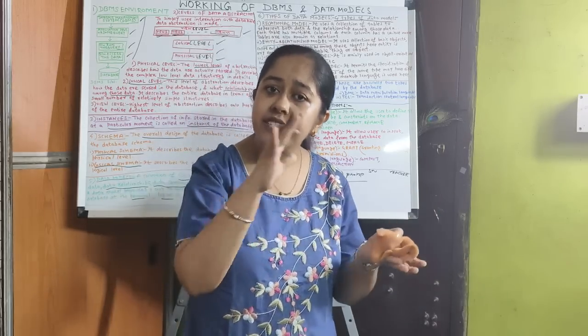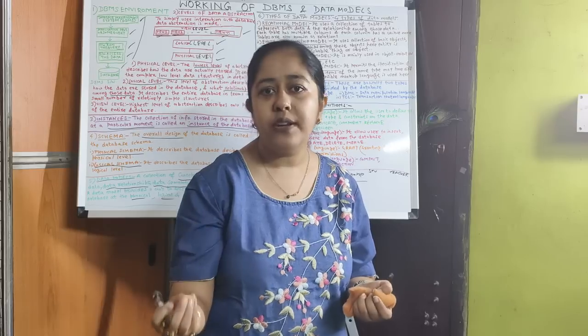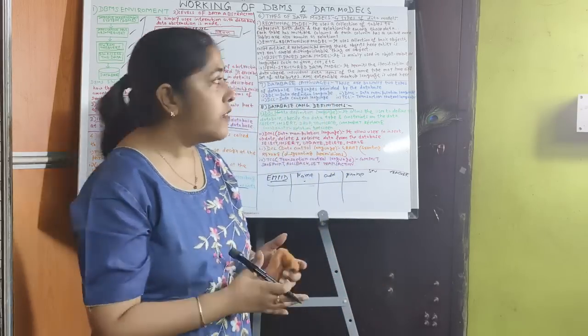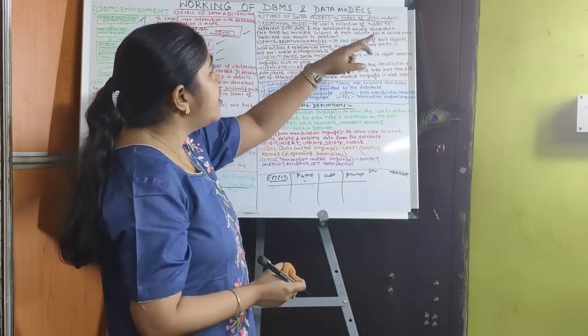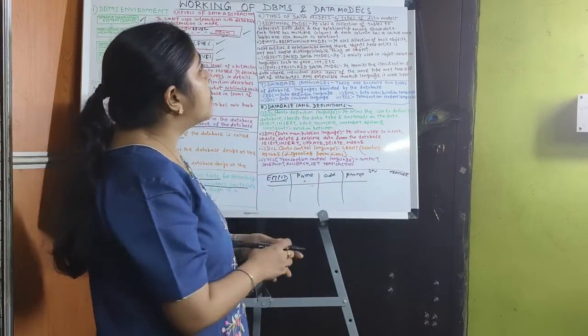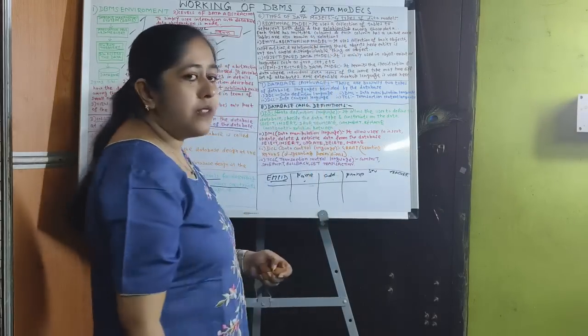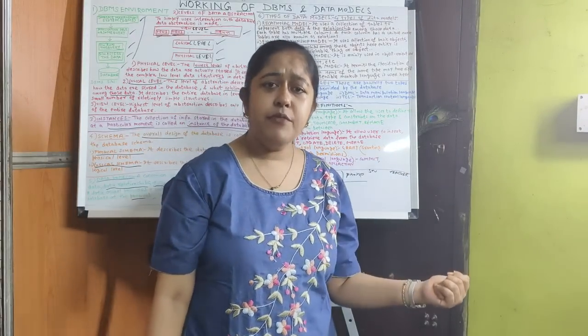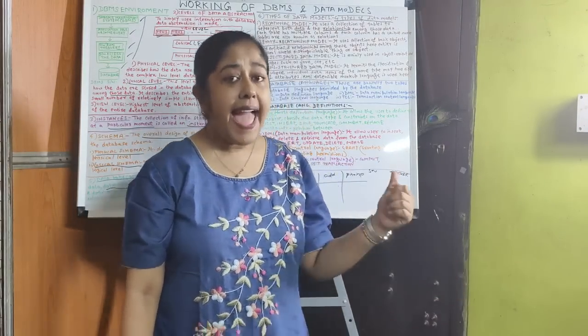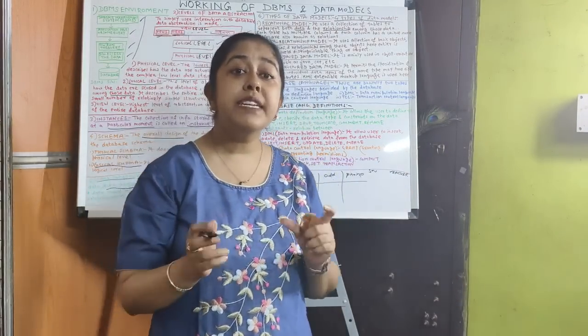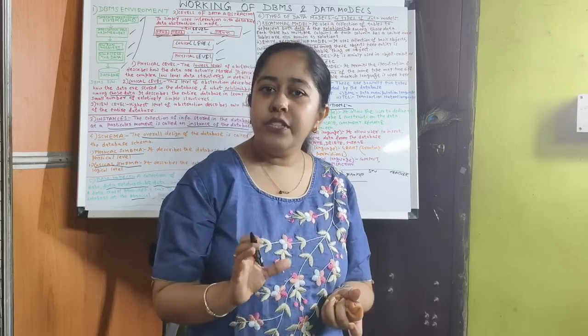That is why it describes this relationship, and that is why it is called the relational model, right? It uses a collection of tables to represent both the data and the relationships among those data. It will describe the data about the data, and the relationship between those particular data which you give.